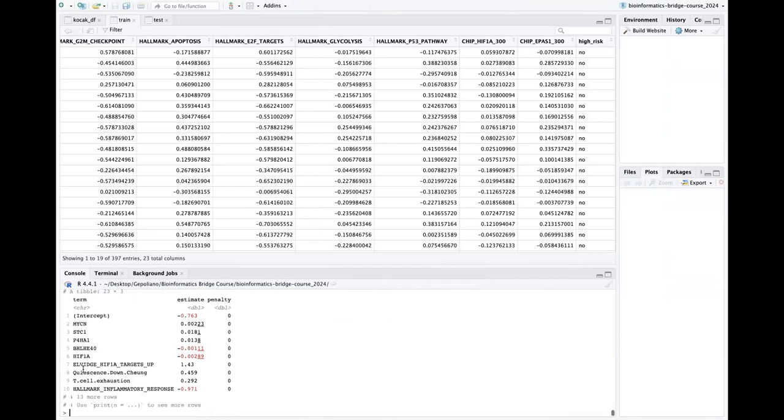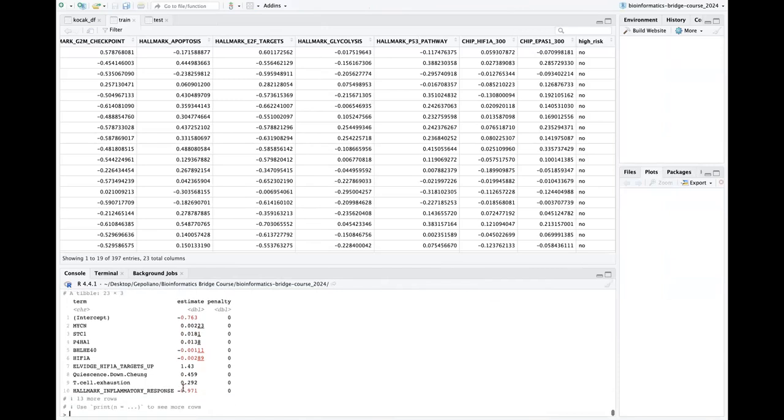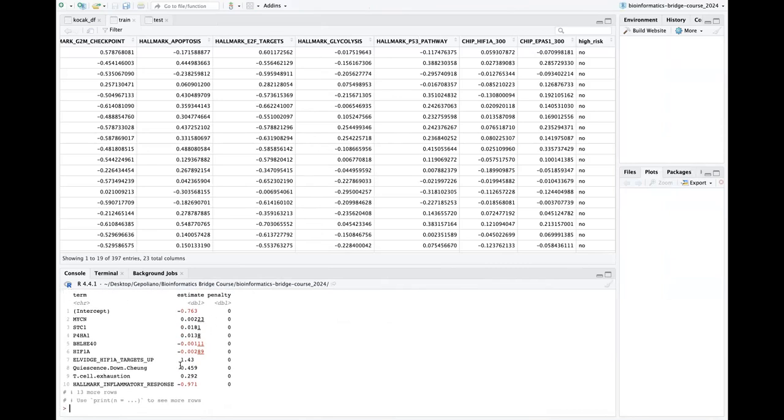So we have the term, that's basically the predictor, and it gives us an estimation of the importance of the coefficient of that predictor to the probability that it's calculating. So it's able to estimate how much each predictor contributes to the model, basically.